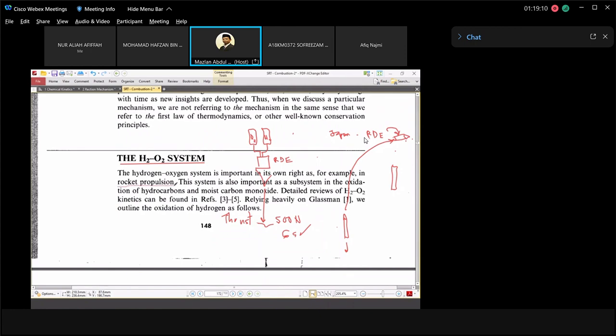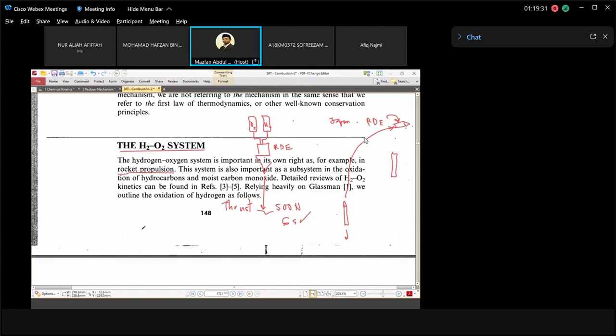This type of propulsion has been researched by many agencies, NASA especially, JAXA, Korea, of course China, Russia. But RDE is one of the latest types of engine.